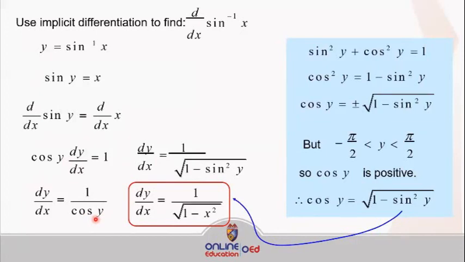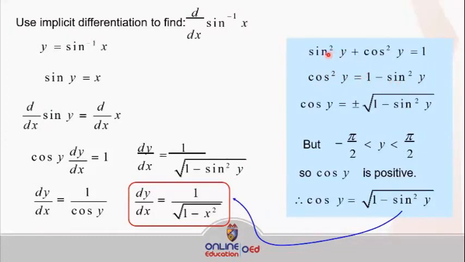Sabi natin kasi, di ba, kanina, sa trigonometric natin, we have the sine squared y plus cosine squared y is equal sa 1. So, kung kukunin natin yung value ni cosine squared y, based dito sa formula natin, equivalent lang siya sa 1 minus the sine squared y.